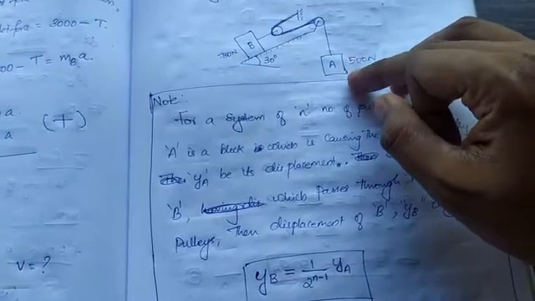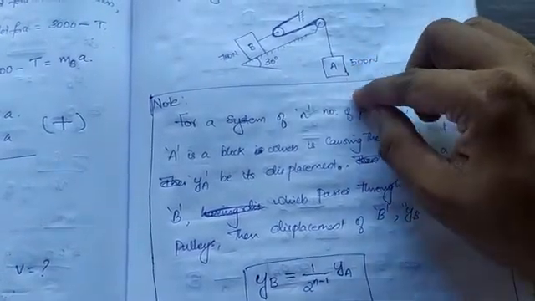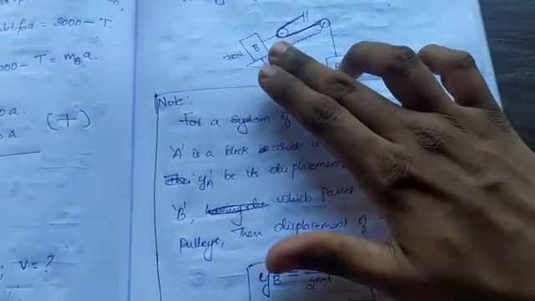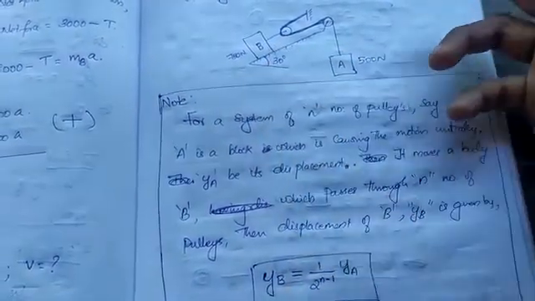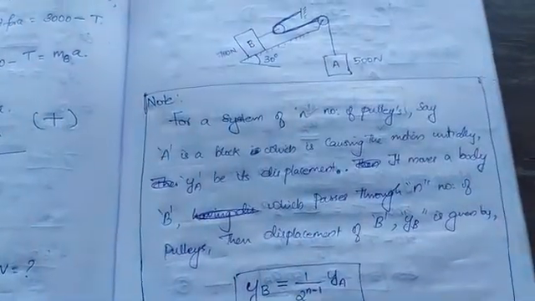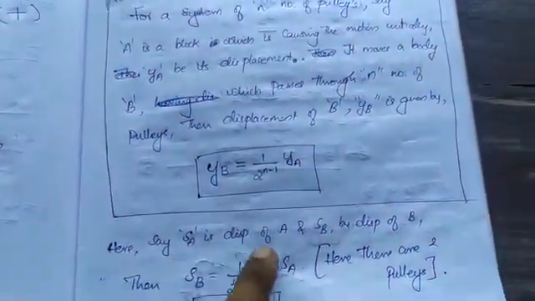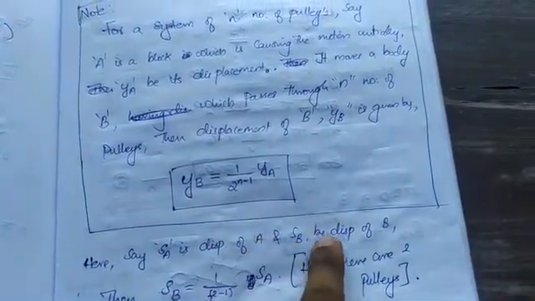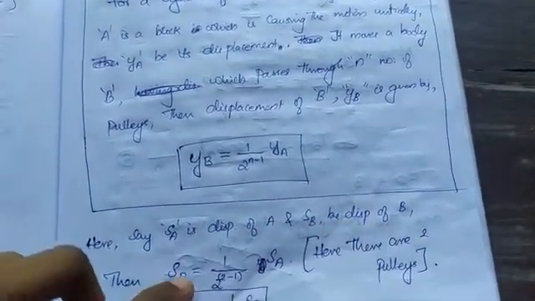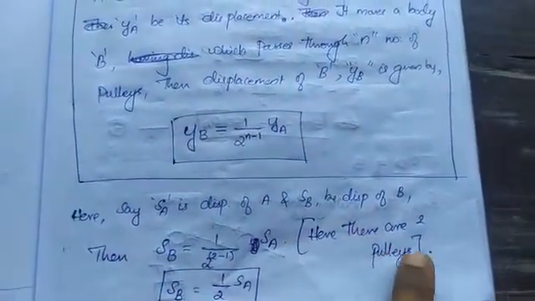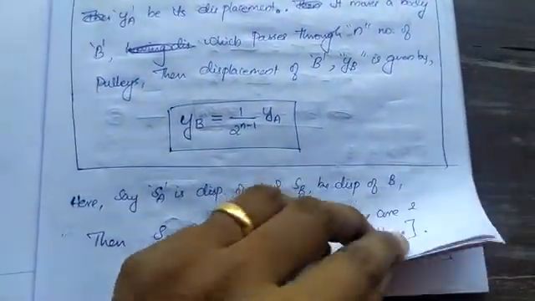If YA is moving 5 mm, this will move only 2.5 mm. That is the use of pulley. Say SA is displacement of A and SB the displacement of B. SB is equal to 1 by 2 raised to 2 minus 1 into SA. Since there are 2 pulleys, SB is equal to 1 by 2 SA.